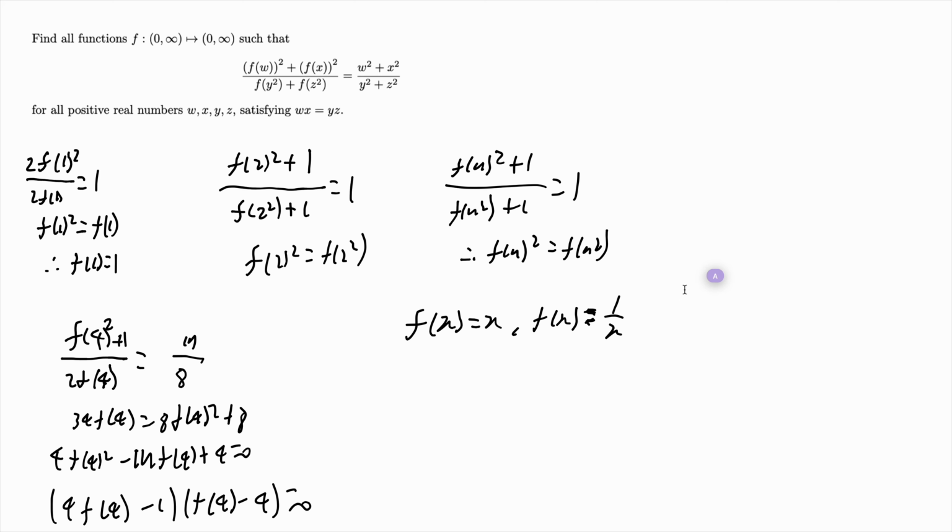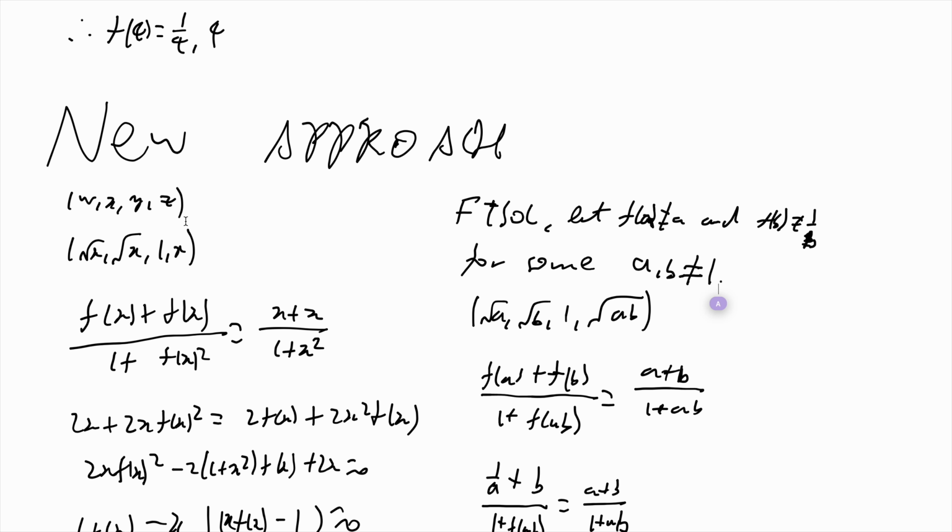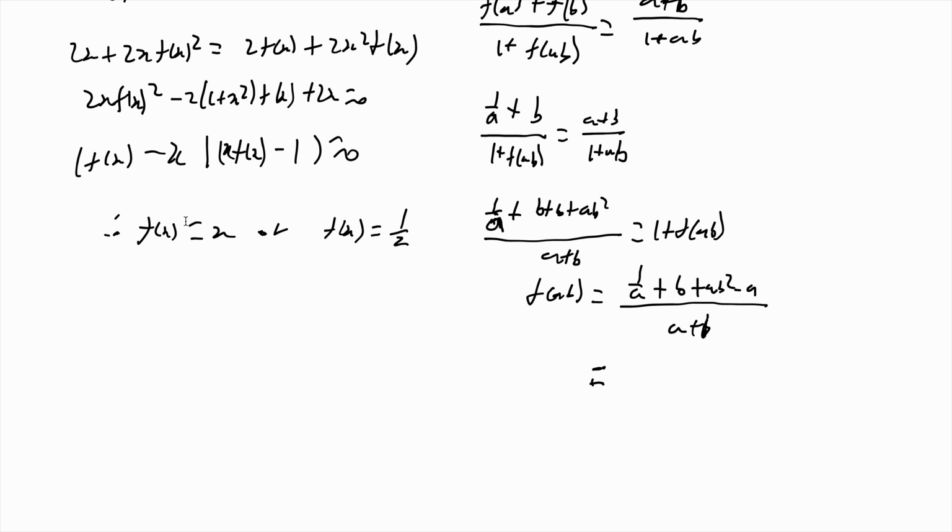No, we can't. No, what do you mean? We actually can. I just did it here. So f of 1 equals 1. And notice that this equation does satisfy when a equals b equals 1. But that's not cool here. So let's somehow prove that this is the only solution.